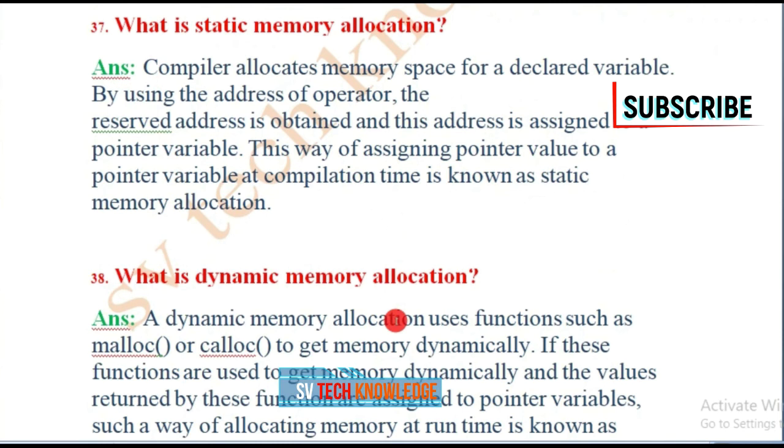The compiler allocates memory space for a declared variable. Using the address of operator, the reserved address is obtained and this address is assigned to a pointer variable. This way of assigning a pointer value to a pointer variable at compilation time is known as static memory allocation.